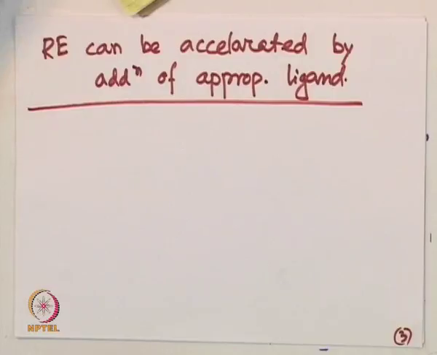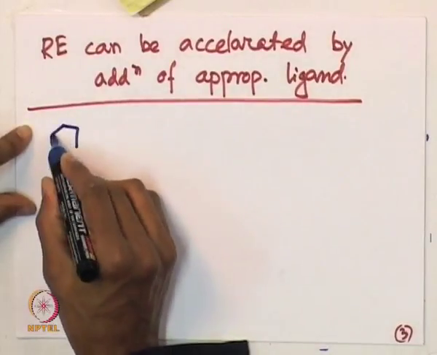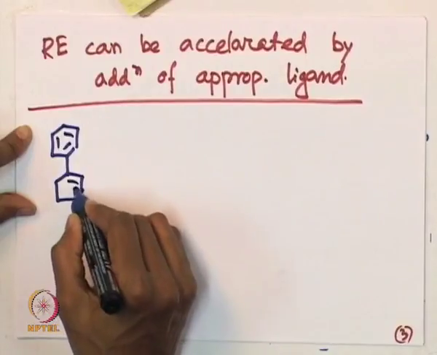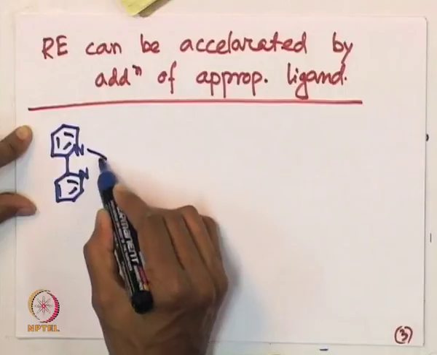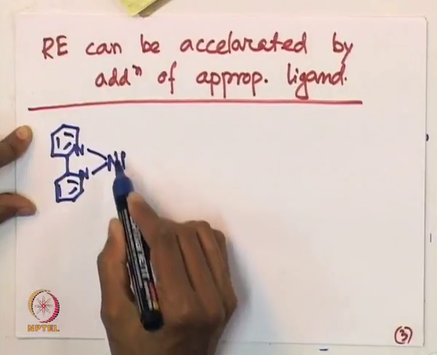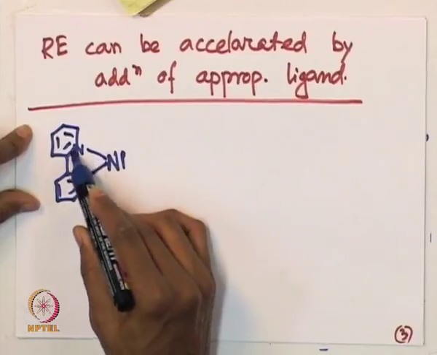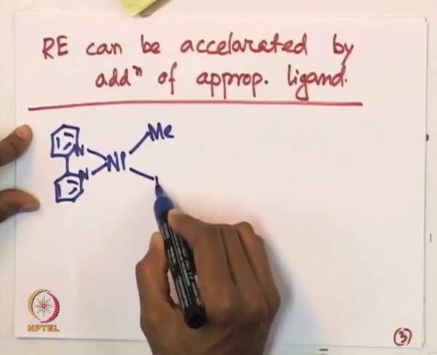One of the seminal examples for these cases is the complex with bipyridine. You know it's also known as bpy. Okay, this is bipyridine. It will coordinate with any metal center in a 5-member chelating fashion. In this case, nickel, and we have 2 methyl groups.